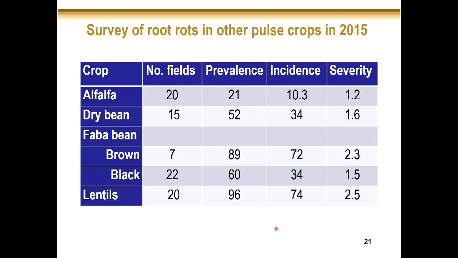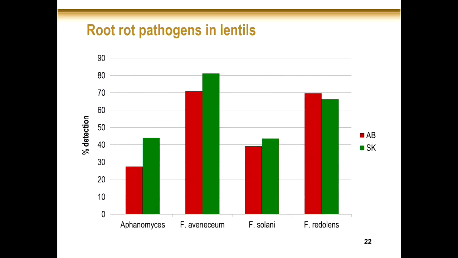But lentils here, if we look at the incidence and prevalence, is as high as we see in peas, but the severity is a little bit lower. And if we look at what the root rot pathogens in lentils are, here it's a comparison between Alberta and Saskatchewan. So I guess this is maybe one instance where we're happy Saskatchewan is beating us.